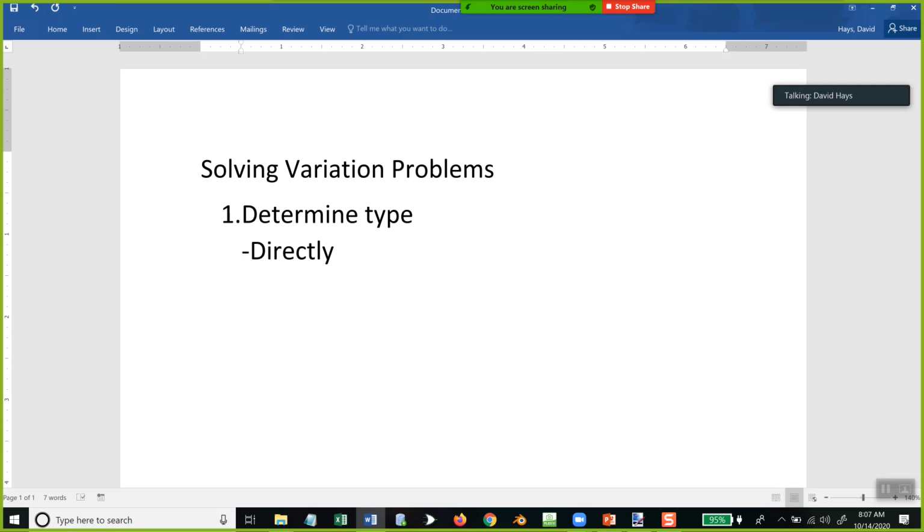As this one increases, this one increases. That's direct, and that's of the form y is equal to kx. It may say inverse or inversely. I don't think there's any other words you'll see besides that. That's y is equal to k over x.